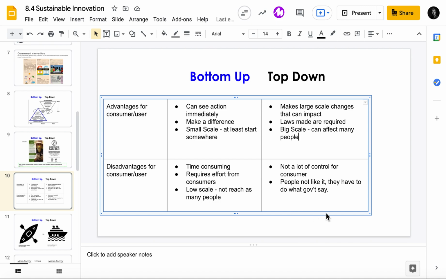Lots of people can be affected. However, they can't exactly control what every consumer does, and people don't always have to do what the government says. So people can choose to ignore certain things or believe that they don't exist, something like that. But that's the difference between the advantages and disadvantages of top down and bottom up.